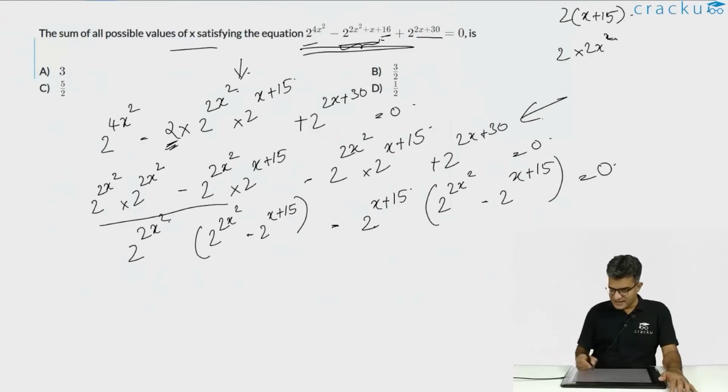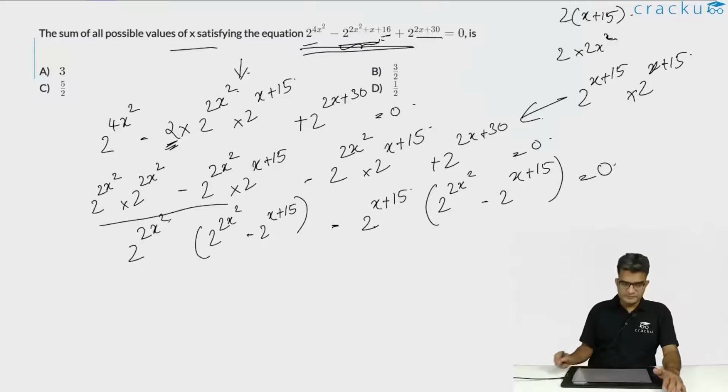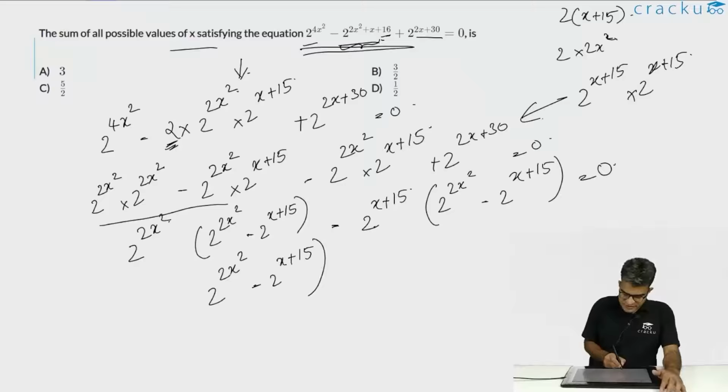Because the last term 2 to the power 2x plus 30 we can write as 2 to the power x plus 15 into 2 to the power x plus 15. This is equal to 2 to the power 2x square minus 2 to the power x plus 15 into 2 to the power 2x square minus 2 to the power x plus 15 is equal to 0.